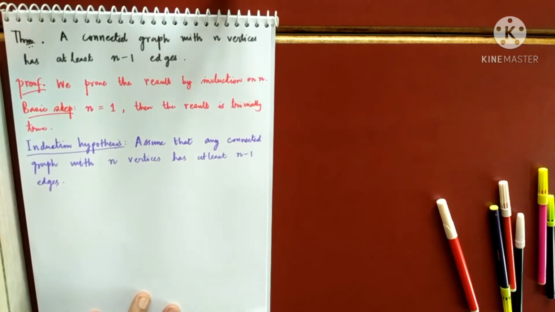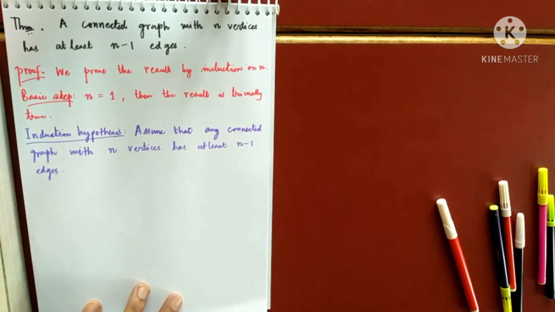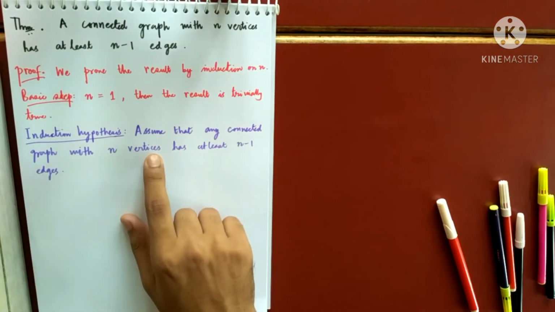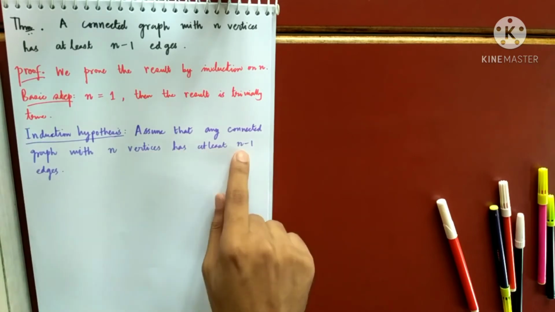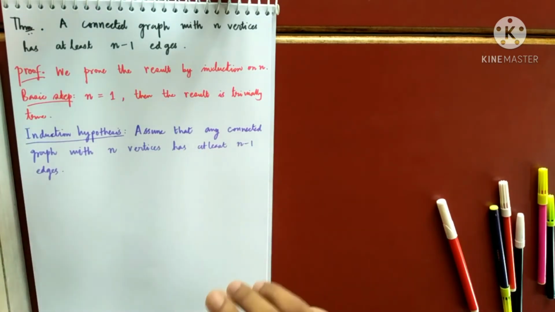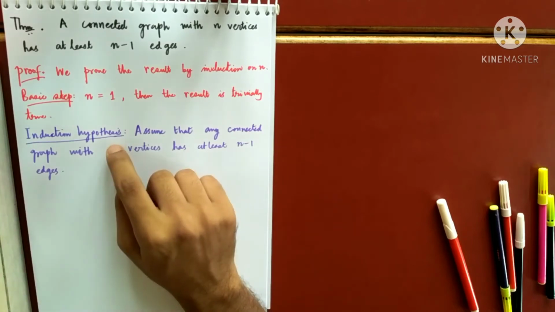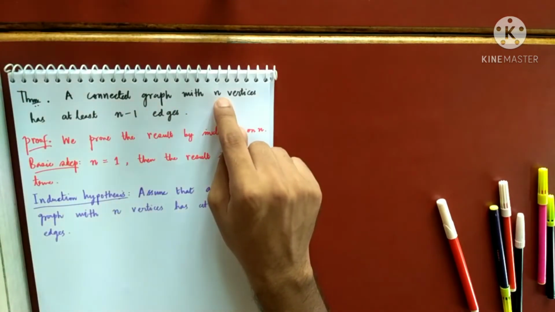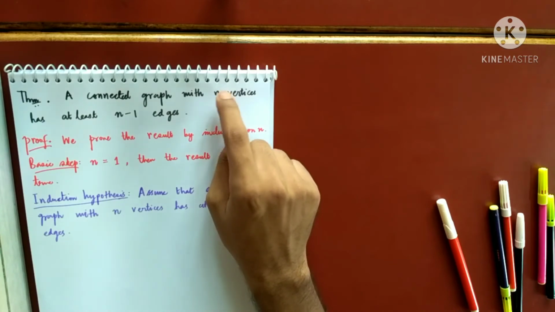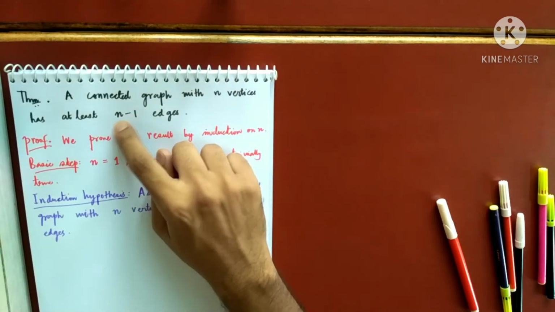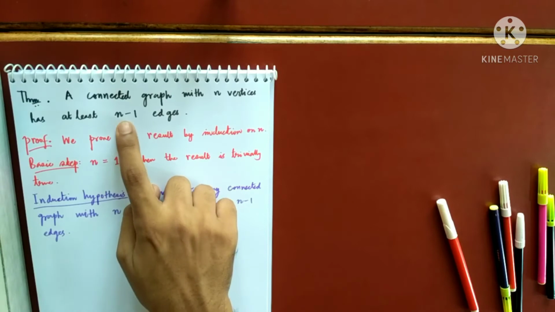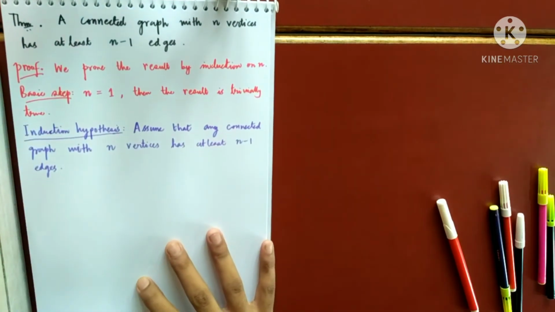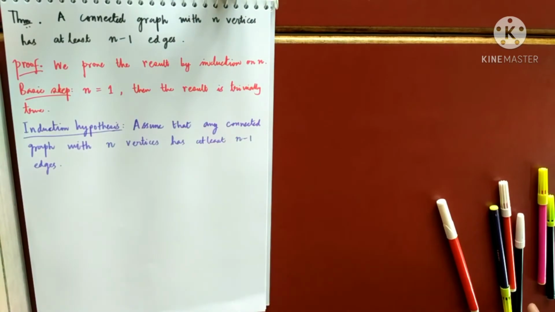I'm assuming that this is true. I'll prove that any connected graph with n plus 1 vertices has at least n edges. This is my aim to prove. If I increase the vertices by 1, that means n plus 1, so I have to prove it has at least n edges, because n plus 1 minus 1 is n. Remember that.